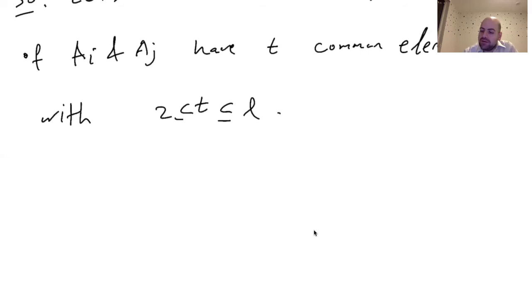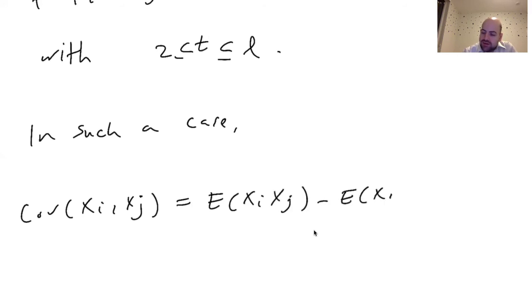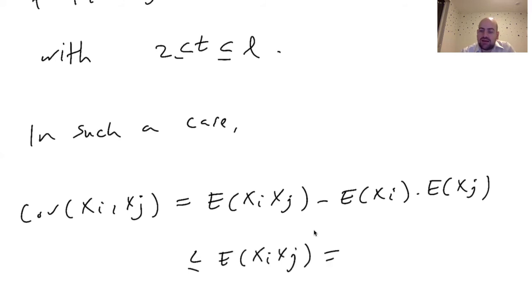Okay, so covariance of x_i x_j in such a case is the expected value of x_i x_j minus the expected value of x_i times the expected value of x_j, and that's less than or equal to the expected value of x_i x_j. And again, x_i and x_j are each indicator random variables. They're 0 or 1.